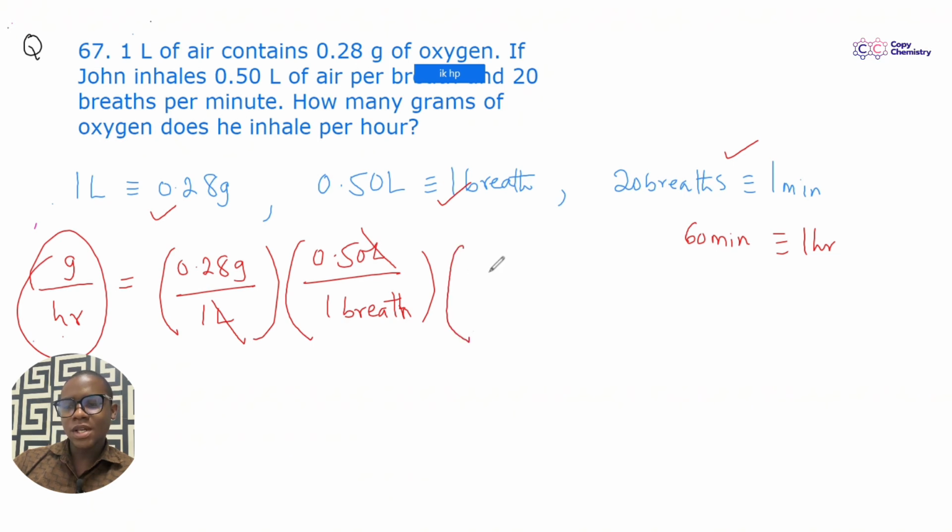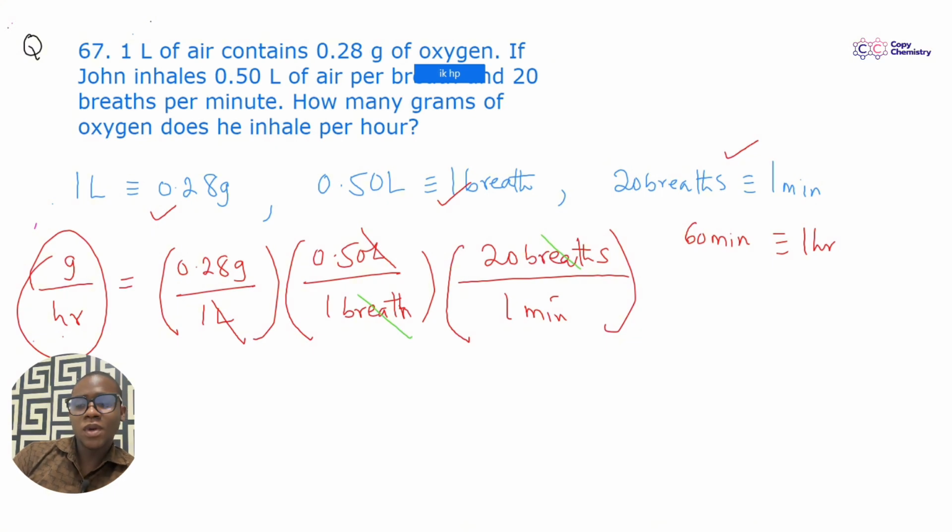It would be a good idea to write 20 breaths up here, so I have 20 breaths here and then 1 minute. At least you know you're doing the right thing because the breath is canceling out. We don't even want it in our final answer, so it's a good move to write it that way. It cancels out real quick.